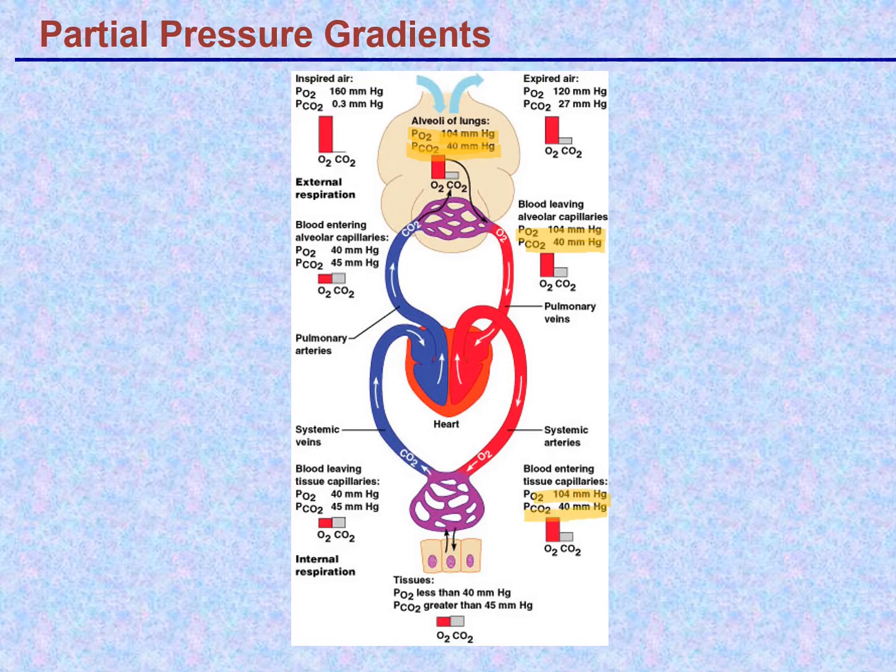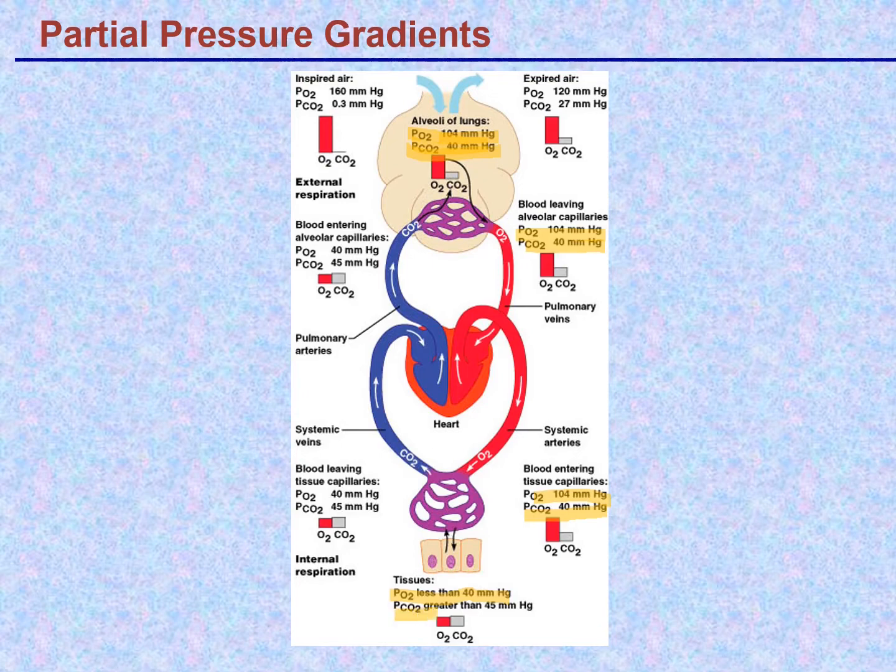And then at the tissue level, when it enters into the capillaries in the systemic circulation, the hemoglobin will release oxygen, and the oxygen drops to 40, or it could be lower than 40 if the tissue is a very active tissue, like muscle that's contracting and relaxing at a high rate.